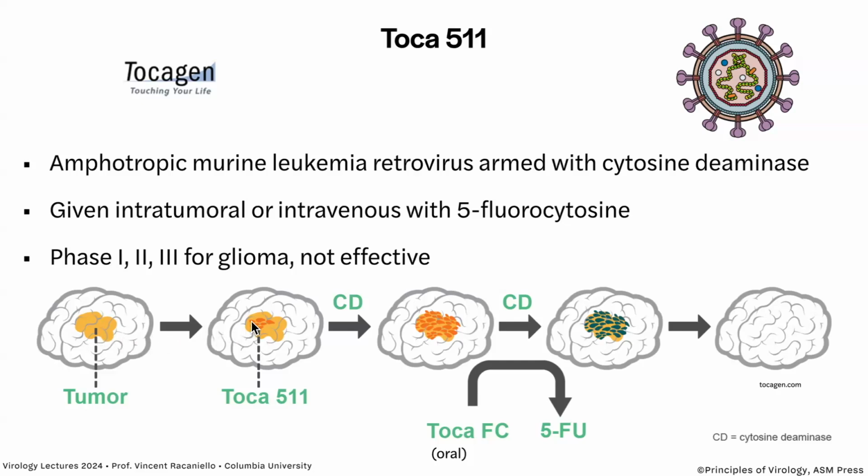And so the cytosine deaminase is going to convert the 5-fluorocytosine into 5-fluorouracil, which in theory will kill the tumor. And this went into phase 1, 2, and 3 trials for gliomas. Unfortunately, it was not effective and is no longer being pursued, but it illustrates the principle.